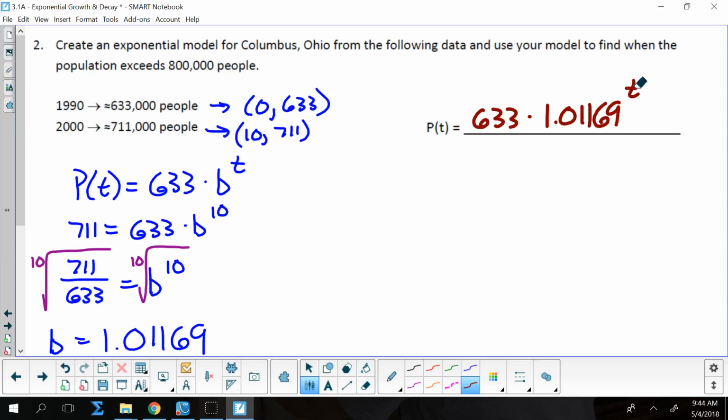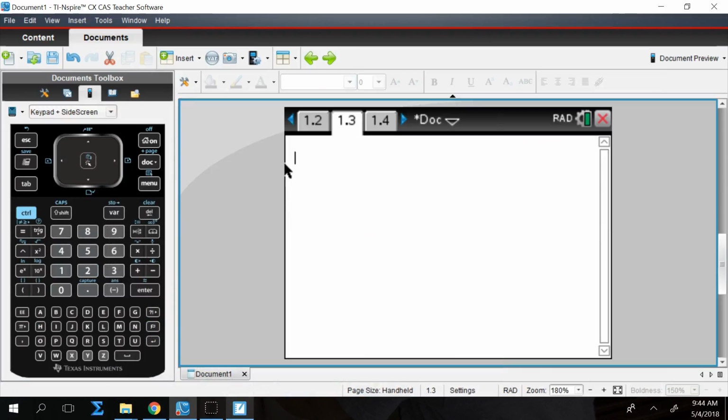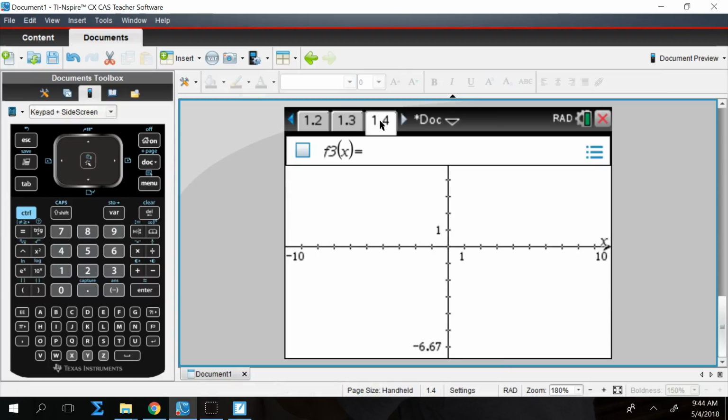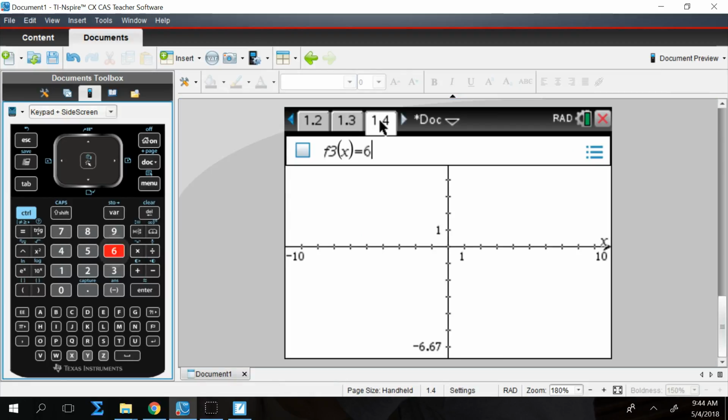And then if we graph that, we have 633 times 1.01169 raised to the, in this case I'm using x, power, gets me that.